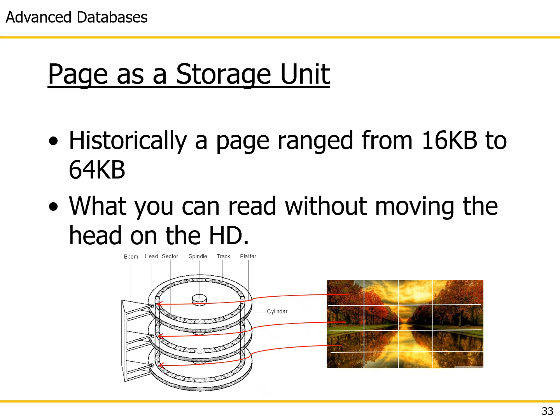Yes, I'm going to cut it into smaller pieces, but I will put all the pieces on the sectors that are beneath each other, and that will be a cylinder. All the sectors underneath each other together make what we call a cylinder.